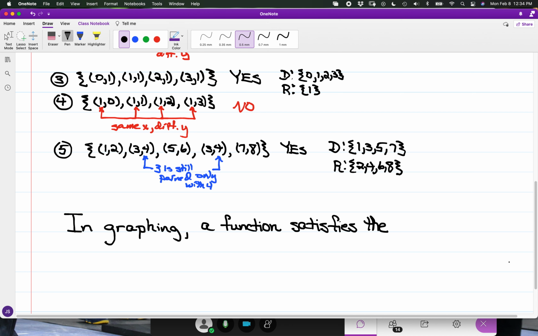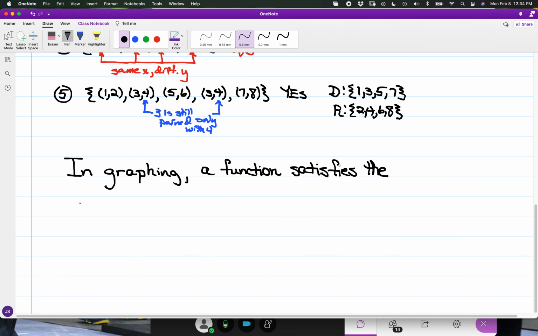So in graphing, a function is going to satisfy the vertical line test.